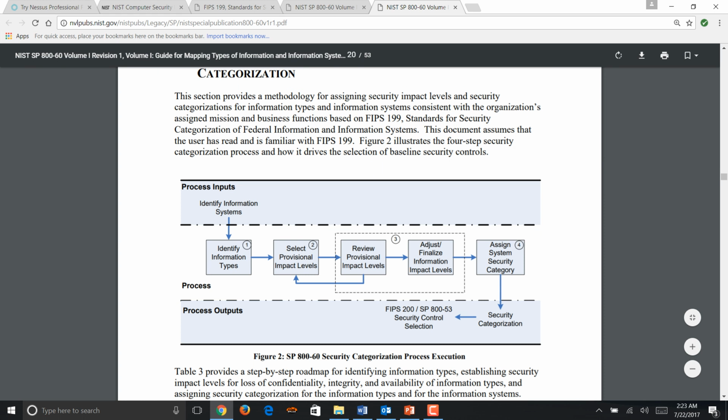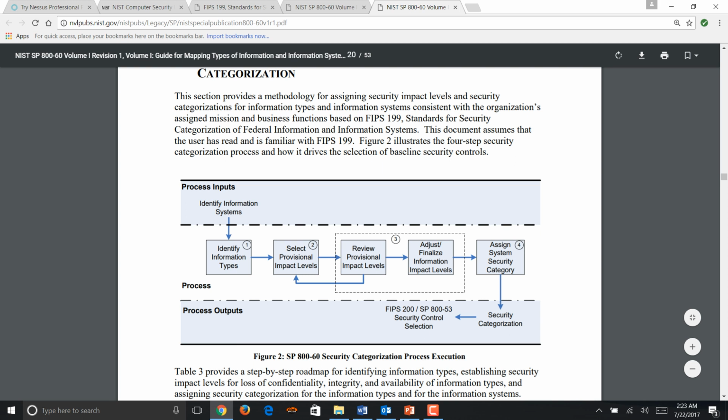Identification of information types. Now, when you say information type, what do we mean? Information type means the information that is processed, transmitted, or stored in the information system or application. What is this application going to be used for, or currently being used for?